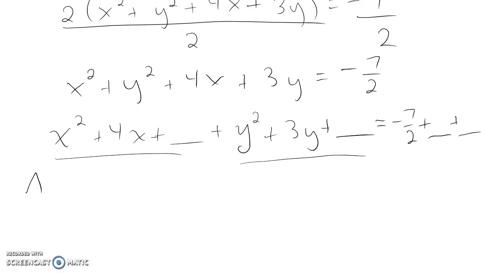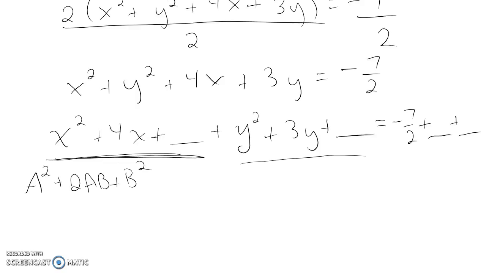If you recall the equation for a perfect square trinomial, it's a squared plus 2ab plus b squared. If we look at the trinomial that we're trying to create in x, I can see that x is the same as a.